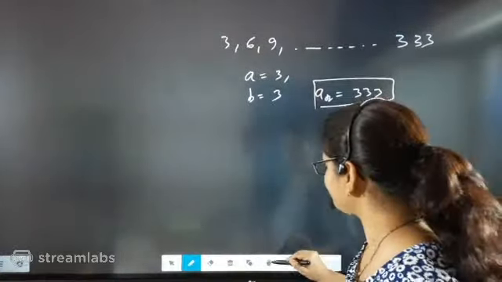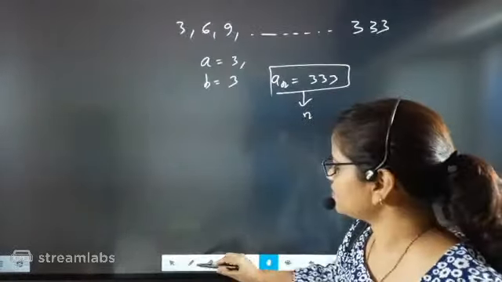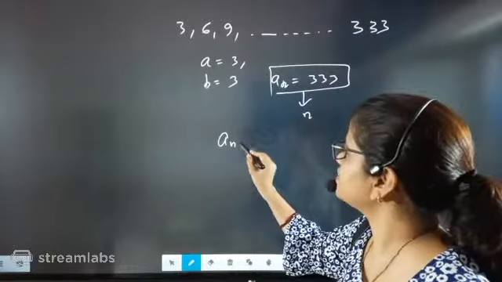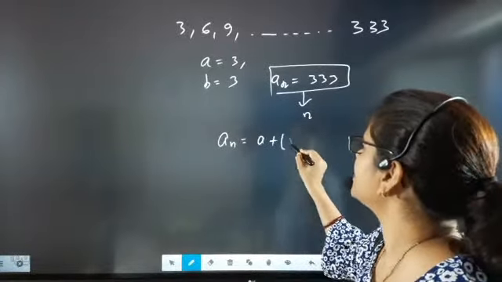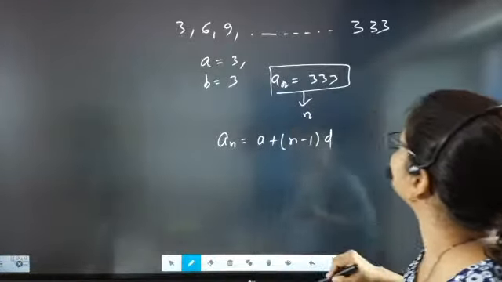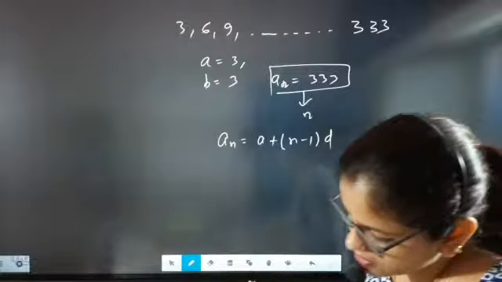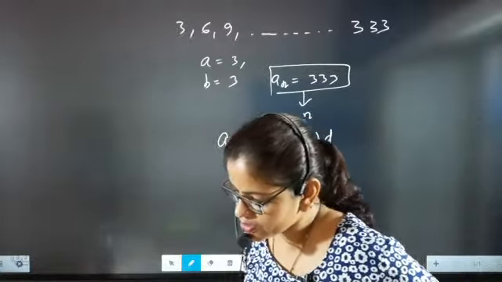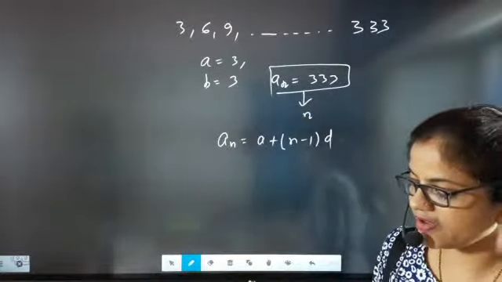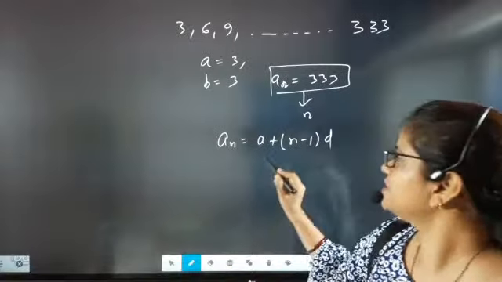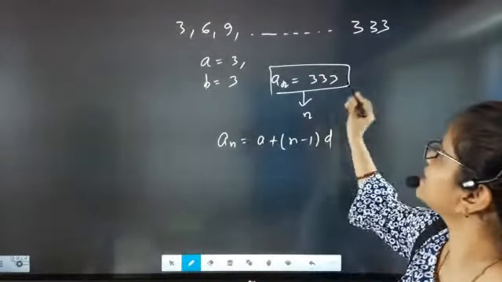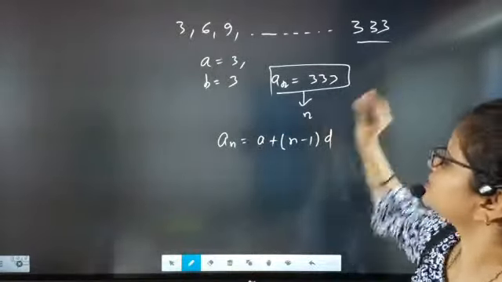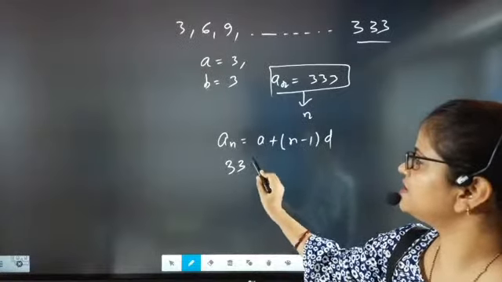Now look here beta. I think now you are ready. Now an is equal to a plus n minus 1 into d. Everyone understood? Quickly say beta. How to do this part? An is exactly the last term value, so here it is 333.